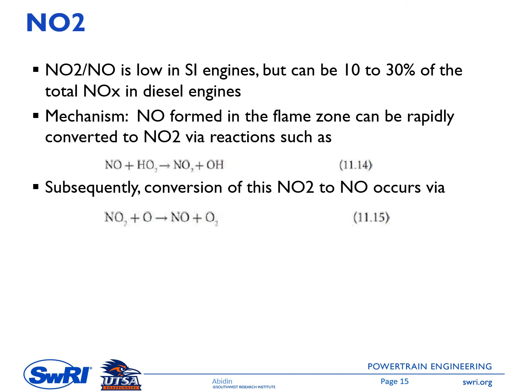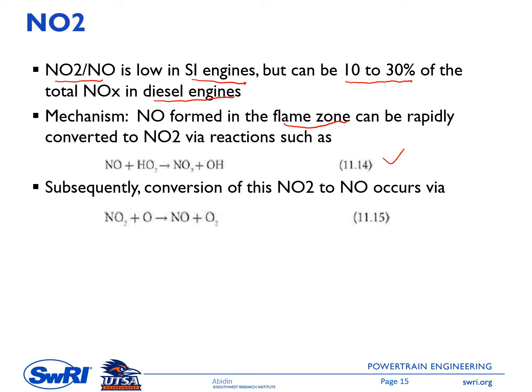The next one is NO2. NO2 over NO is low in a spark ignition engine, but it can be 10 to 30% of the total NOx in diesel engines. This NO2 is formed from the conversion of NO that is formed in the flame zone, following equation 11.14.